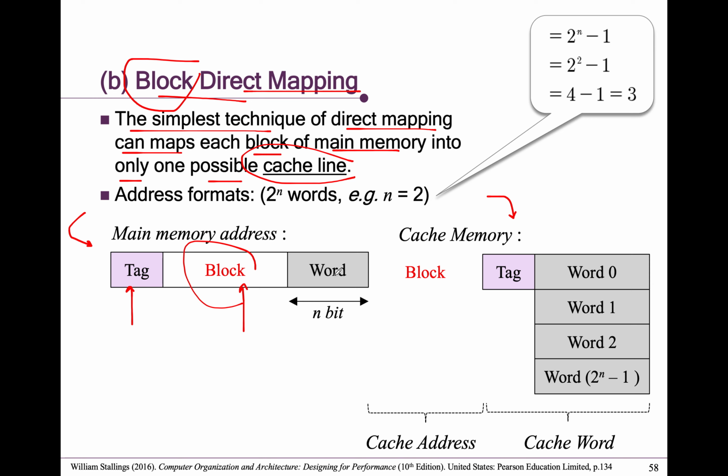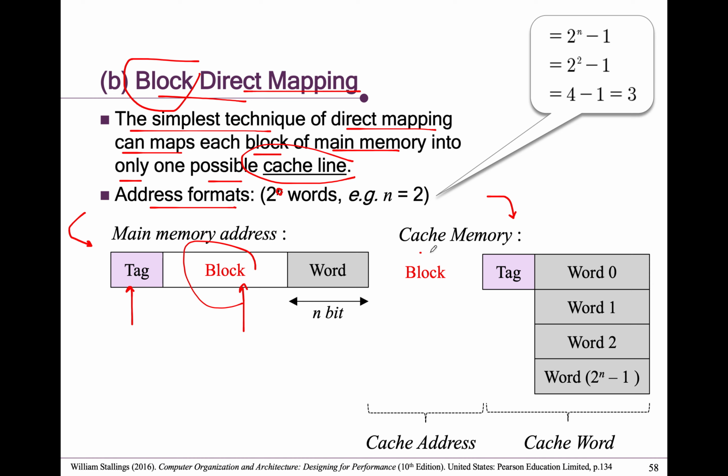So here you have a block and words, and you can see the address format is 2 to the power of n. If, let's say, n is 2, then your address length is 4. Basically this one is quite similar to the previous direct mapping.